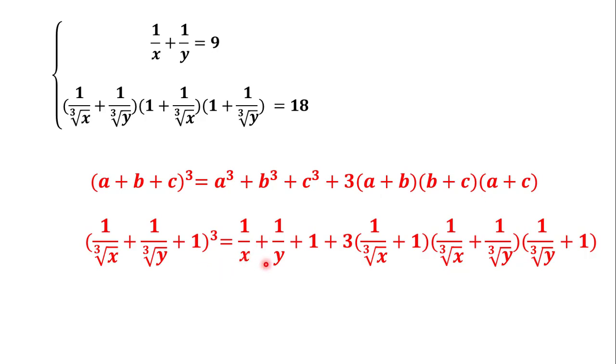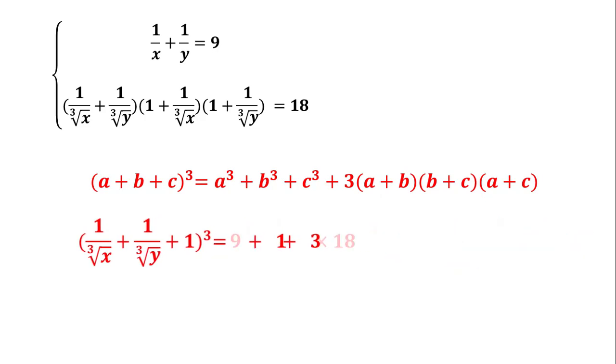From the first equation we can write 1 over x plus 1 over y equals 9, and the multiplication of these three parentheses equals 18. So we get 9 plus 1 plus 3 times 18, which is 10 plus 54, equals 64.